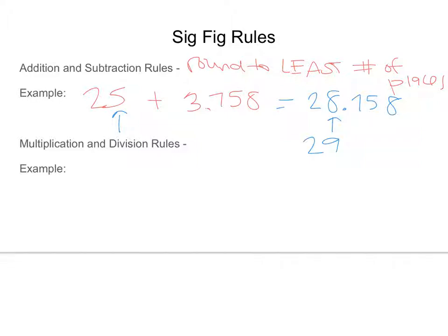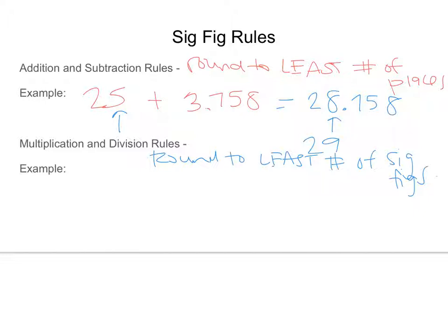But when we multiply and divide, we're going to round to the least number of sig figs. Okay? These are important things. This is also on your Haiku page. There's a, at the front page, the first chemistry page, there is a whole sheet of math rules, but I like to work them out a little bit.